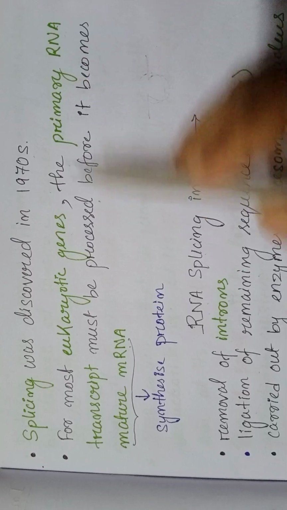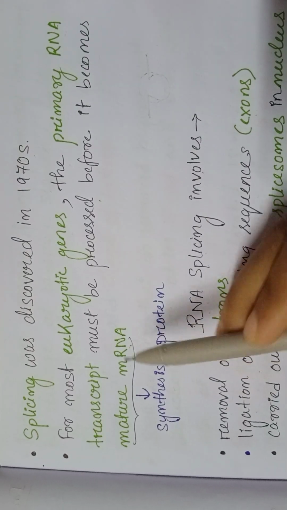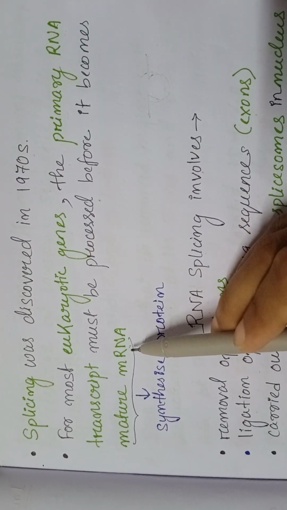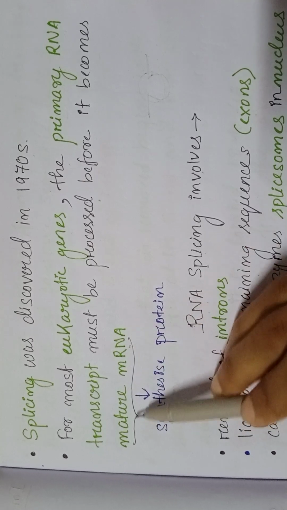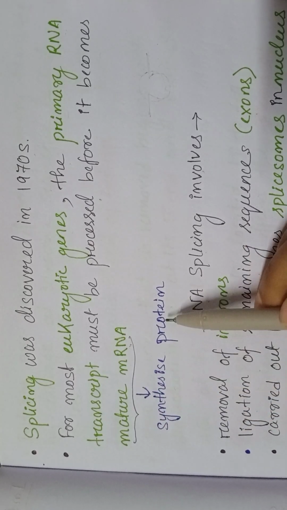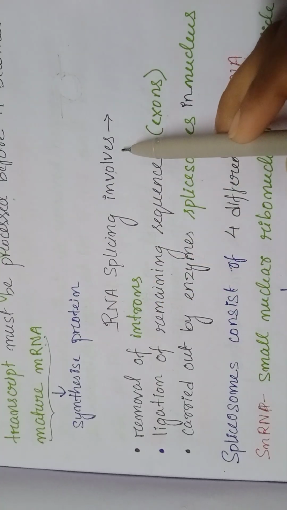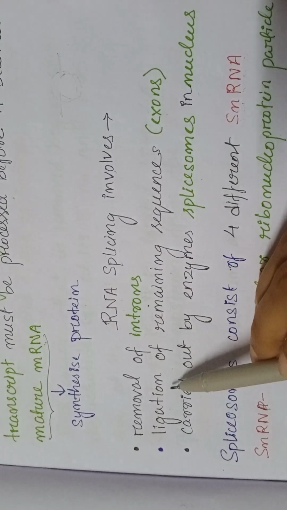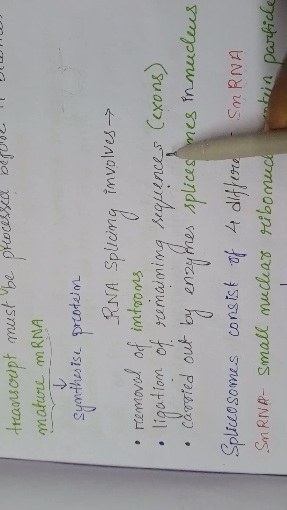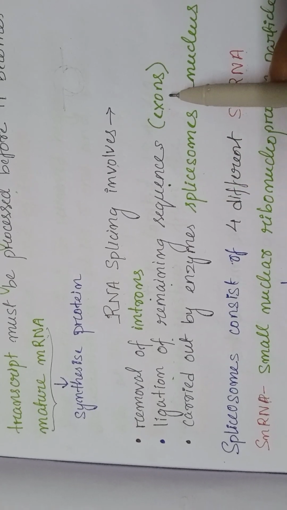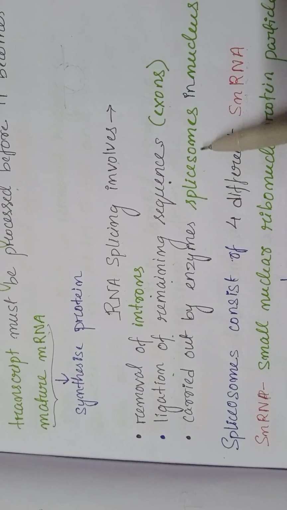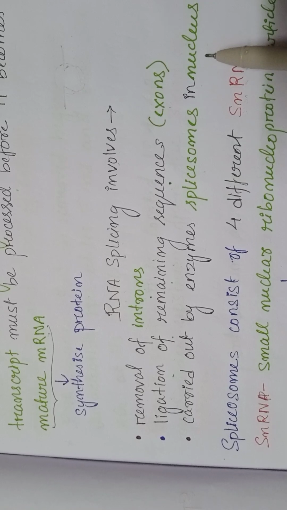Thus, it becomes mature mRNA by spliceosomes, and this mature mRNA can directly synthesize protein. RNA splicing involves removal of introns and ligation of the remaining sequences, that is, the coding sequences, exons. It is carried out by spliceosomes in the nucleus.